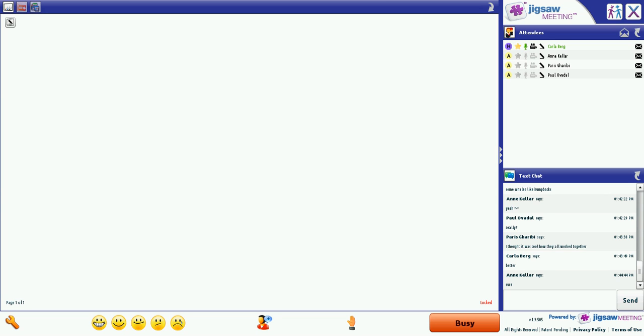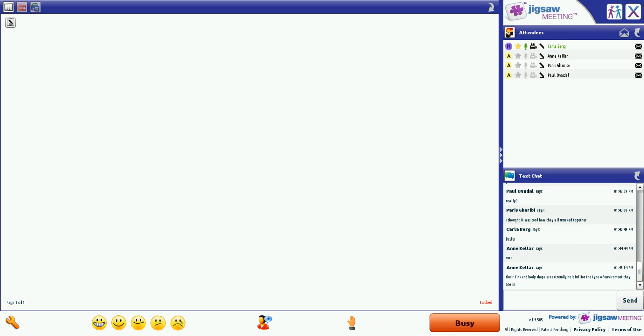Okay, while Anne is writing, I'm going to share with you some of my observations. Their fins and body shape are extremely helpful in the type of environment they are in. Very good. Their bills or their snouts, whatever you want to call it, they used them to stun the fish, which I thought was very interesting.